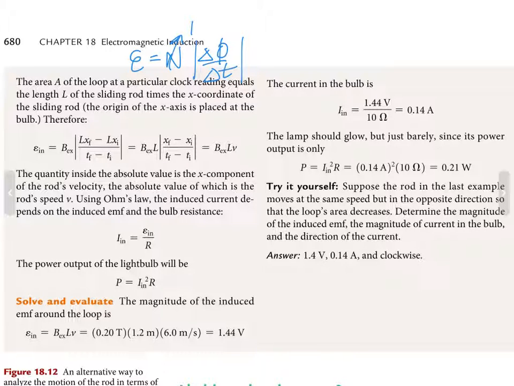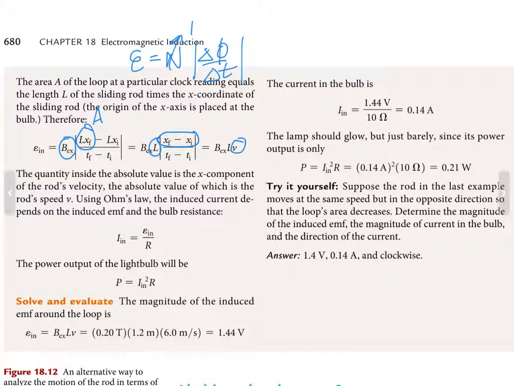They moved the external B outside the absolute value brackets because it's constant. The area is just length times width, so the area is the length of the rod times x final minus x initial, which is the changing position of the rod horizontally. Since the length of the rod's not changing, that can come outside the absolute value symbols. So it's just the displacement of the rod horizontally divided by time, which is really velocity.